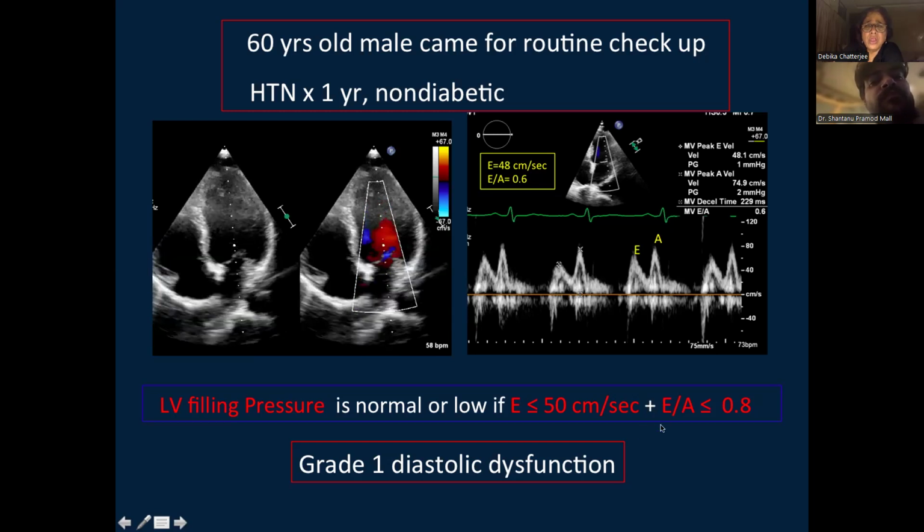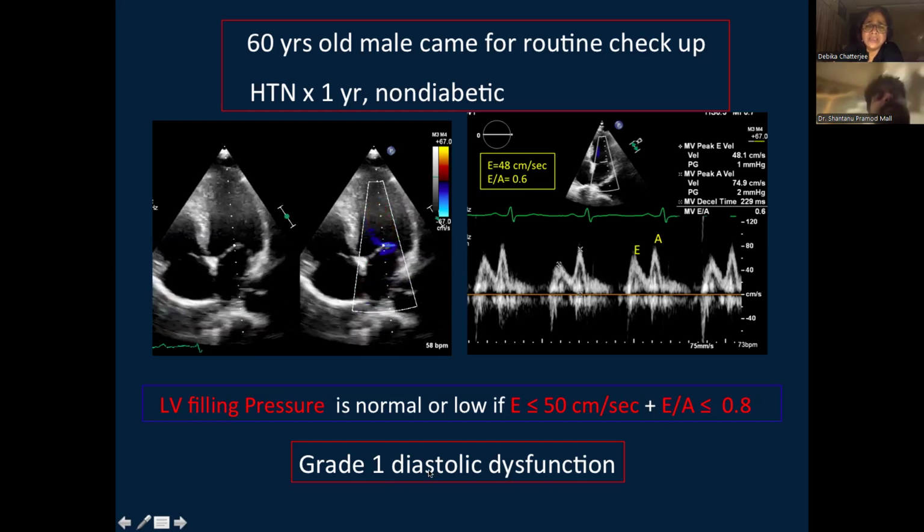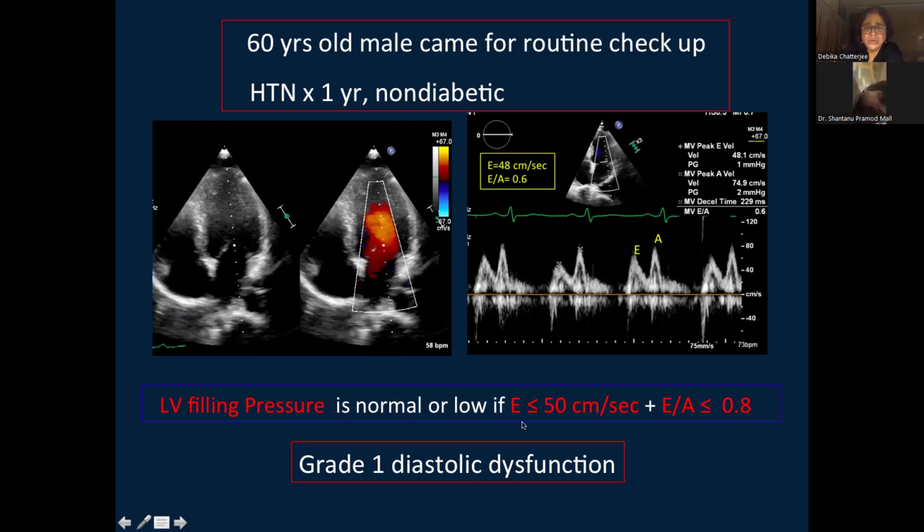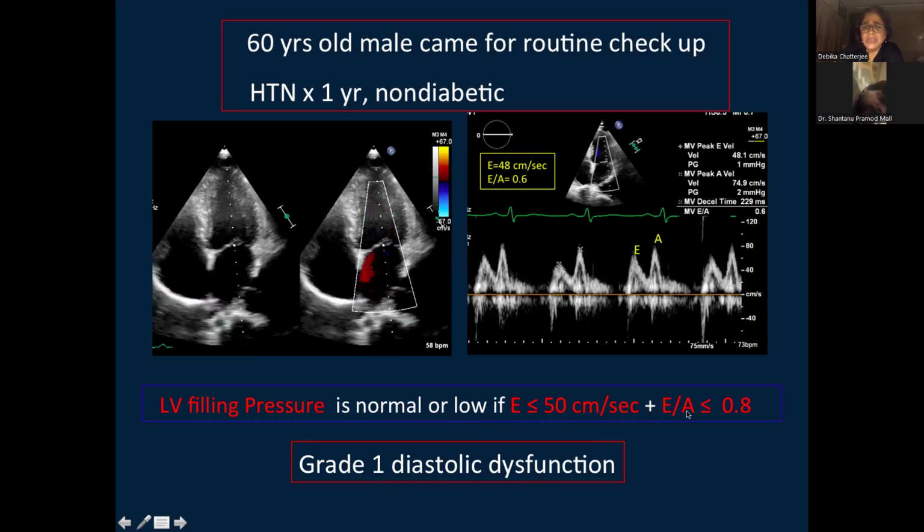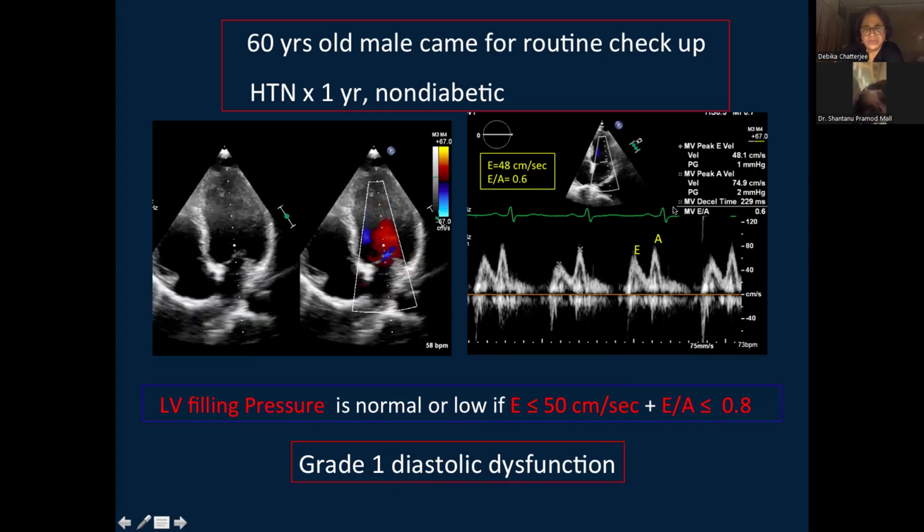So I can straight away say it is a grade 1 diastolic dysfunction with the LV filling pressure normal, because E wave is less than 50 centimeter per second plus EA ratio is less than 0.8.